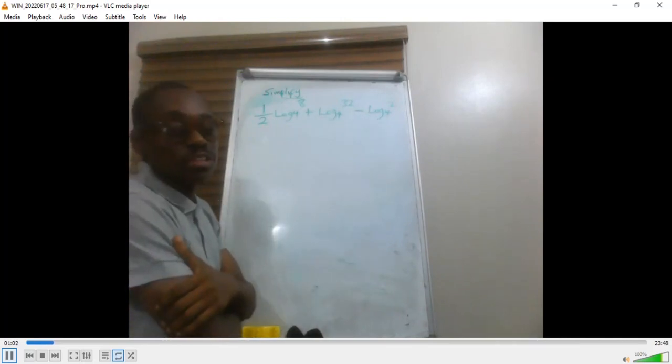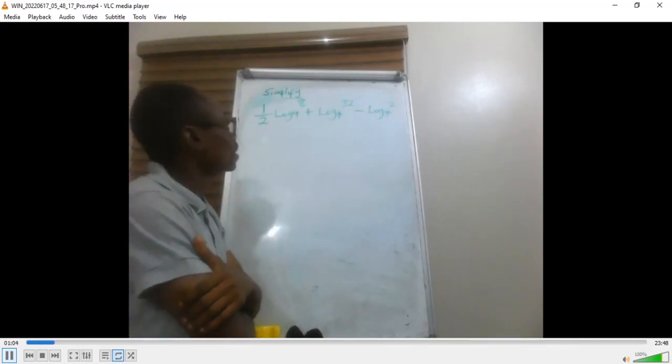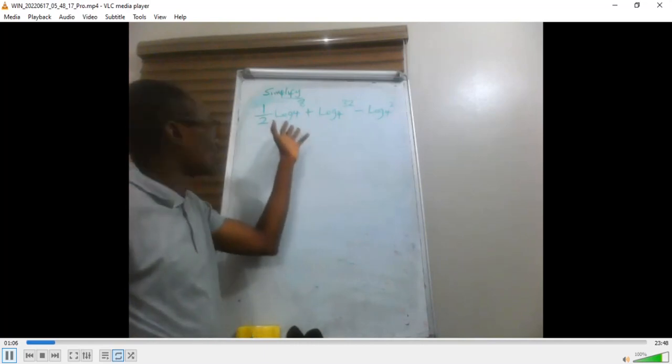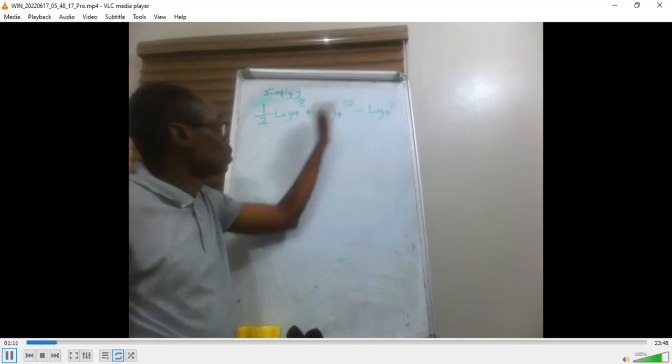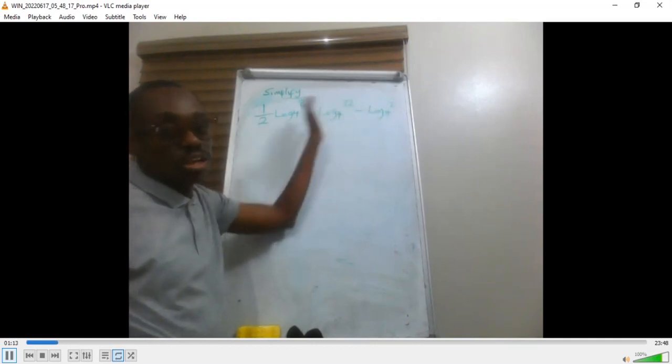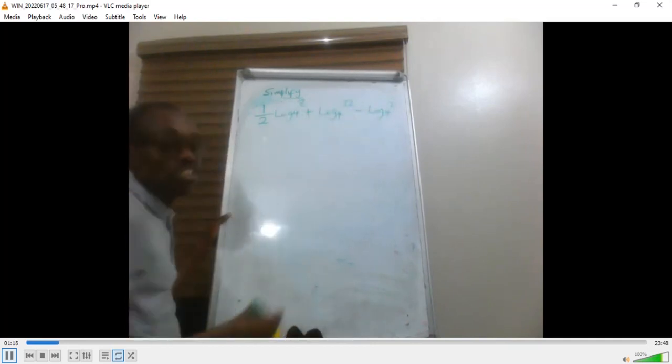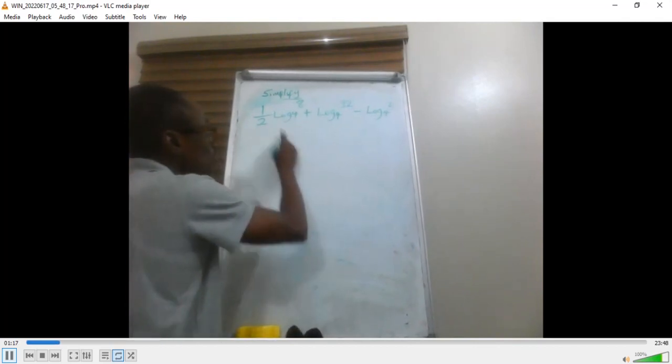There are many ways of solving it. We can use the fact that we multiply these two together and divide by this one, because this is addition and this is subtraction. Or we can take them individually and solve. So I'm going to take them individually.